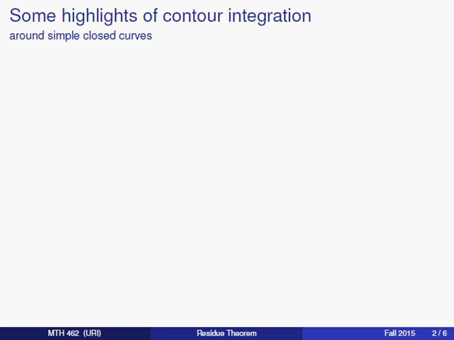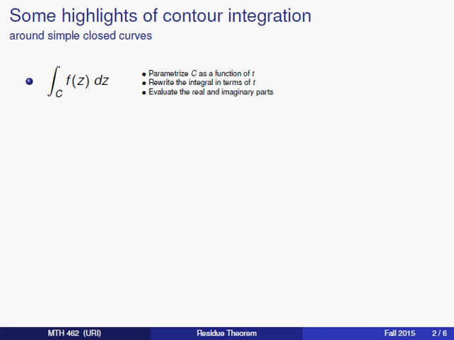We're going to be talking always about a simple closed curve. You'll remember that at the beginning of our discussion of integration, we talked about how you would go about actually computing a contour integral using a brute force approach.